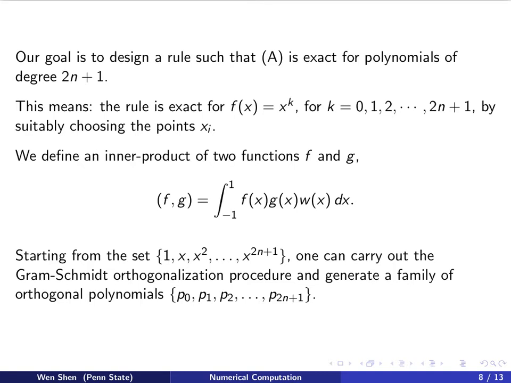And now we start from a set of basis functions for the polynomials, 1, x, x squared, all the powers of x, up to x to the power 2n+1. Starting from that set, we carry out a Gram-Schmidt orthogonalization procedure, and we generate a family of orthogonal polynomials, and we denote them by p0, p1, p2, and all the way to p2n+1.